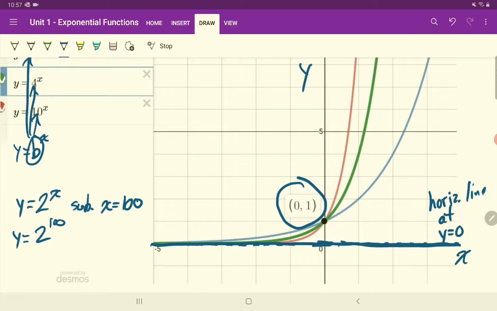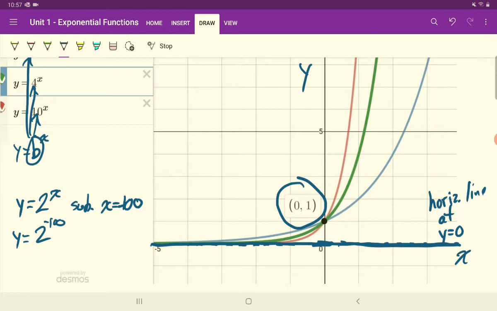Pull out your calculators, and what do you get when you type in 2 to the power of 100? Sorry, my bad, negative 100, because we're far to the left, right? So make sure you do 2 to the power of negative 100. Type that into your calculator.